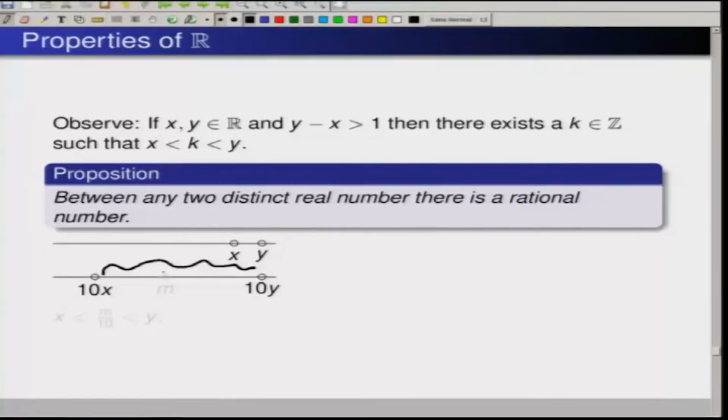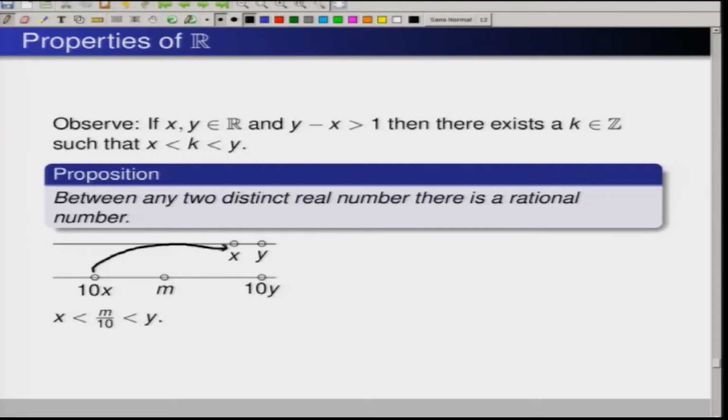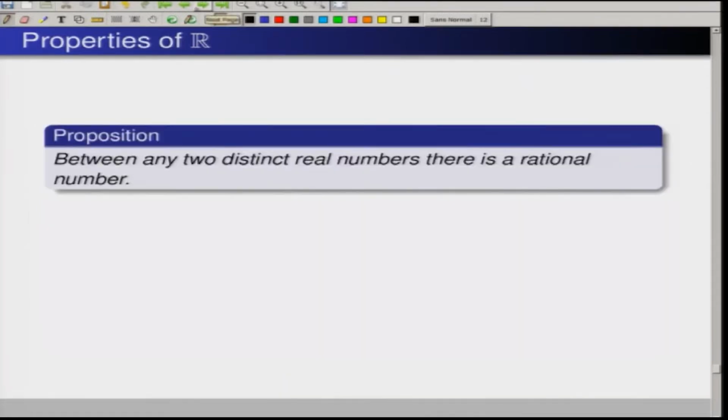Now you shrink it back by dividing by 10, so 10x comes back to x, 10y comes back to y, and this m becomes m by 10, which is a rational number. This is precisely the proof of this theorem: between any two distinct real numbers there is a rational number.